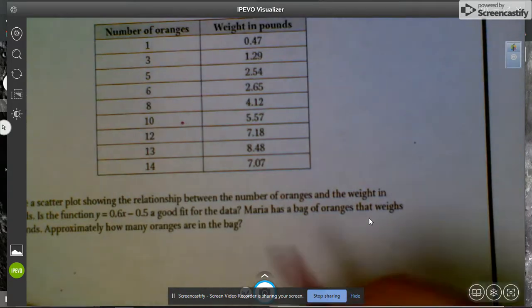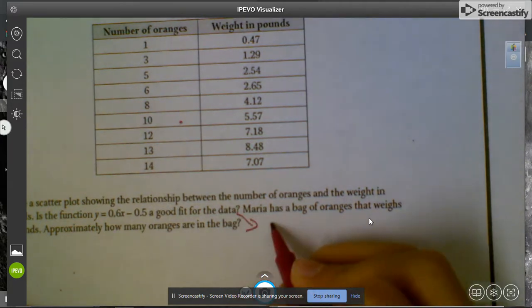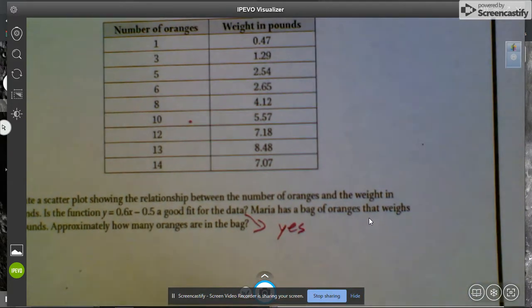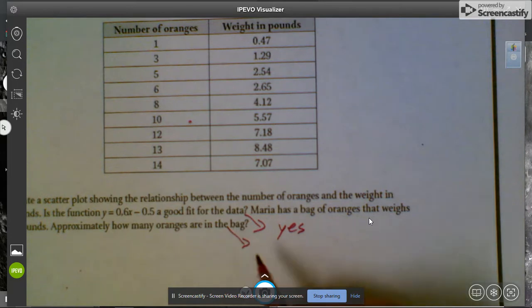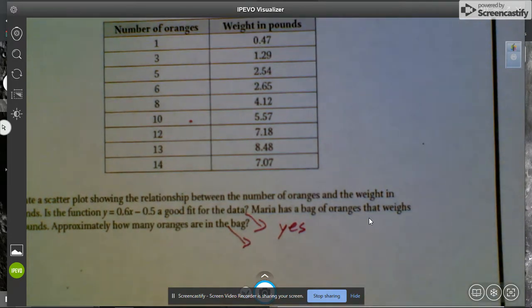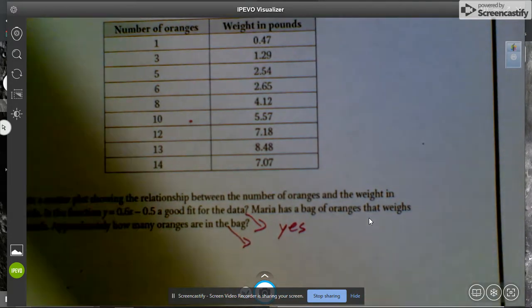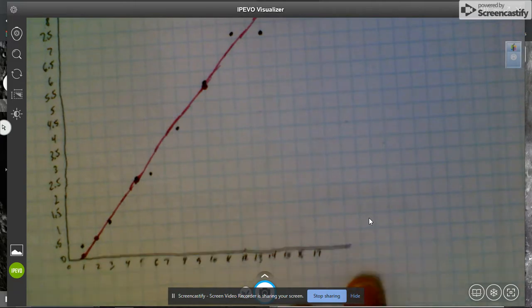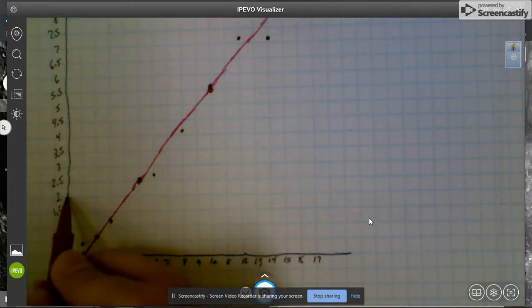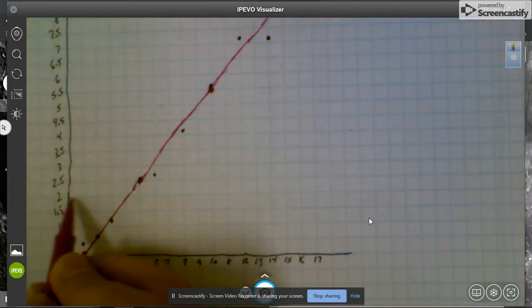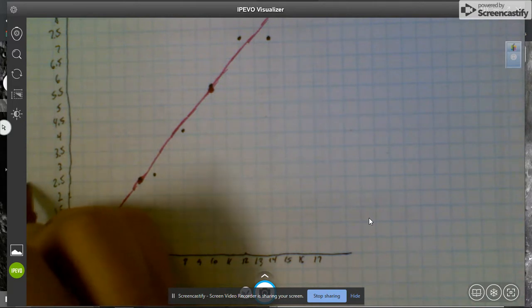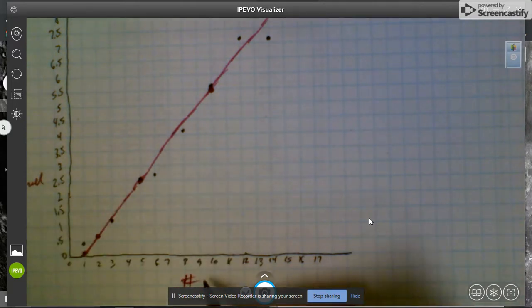So, is it a good fit for the data? Yes, it is. Okay. If you have 2 pounds, then approximately how many oranges would that be? So I want to look at my equation and say, okay, when my equation is 2, right? Because this is pounds and this is the number of oranges.